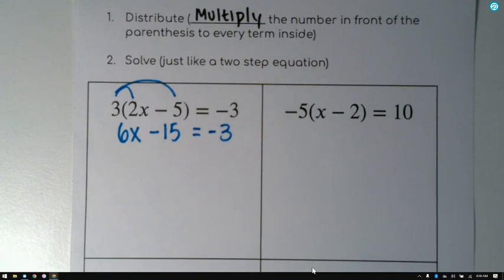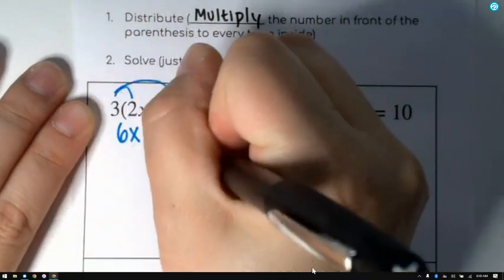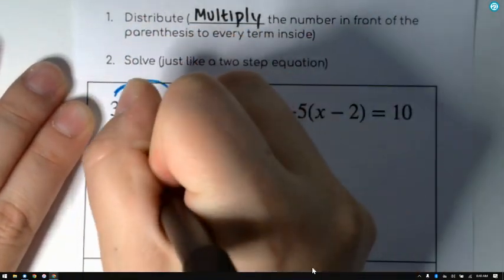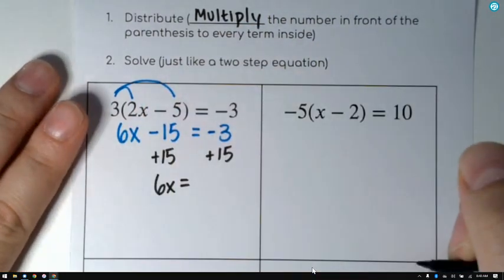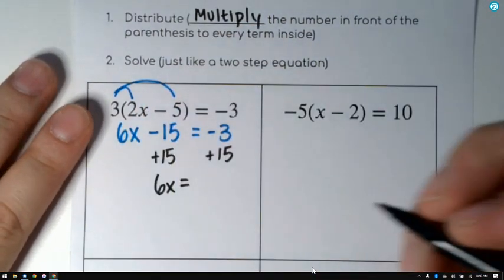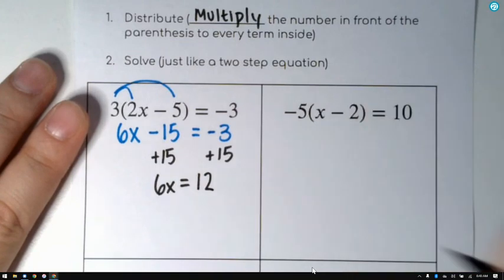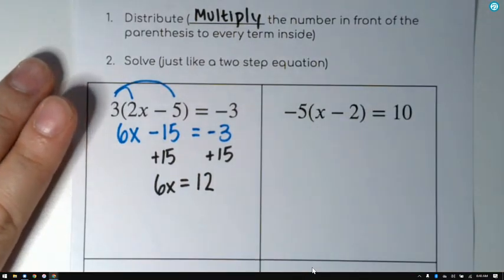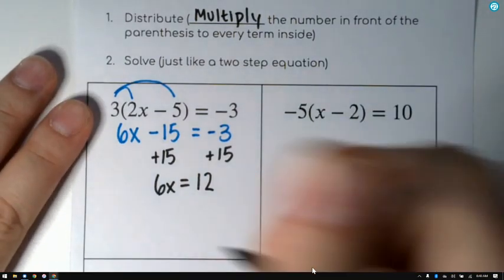Okay, from here it is just a normal two-step equation. So we are going to add 15 to both sides. We'll get 6x equals negative 3 plus 15 is 12. And then we will divide both sides by 6.